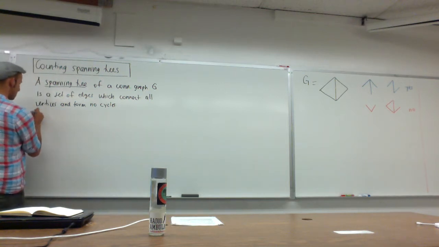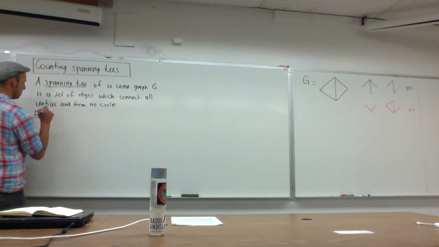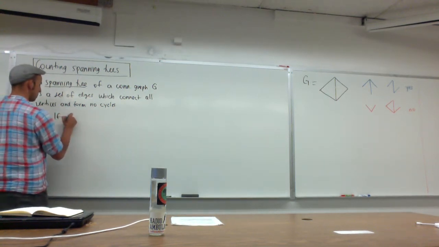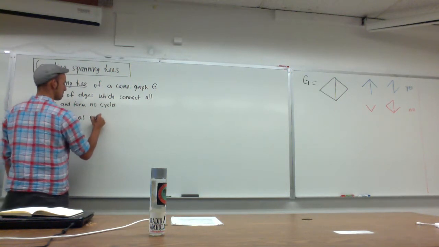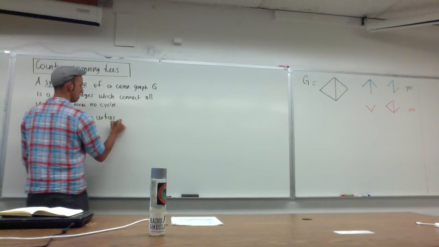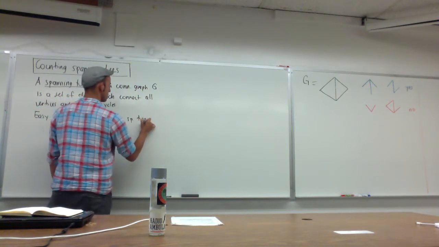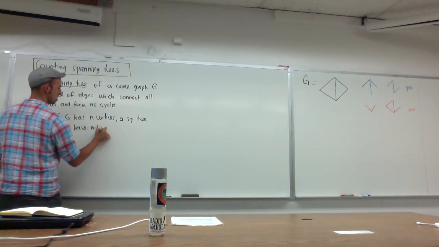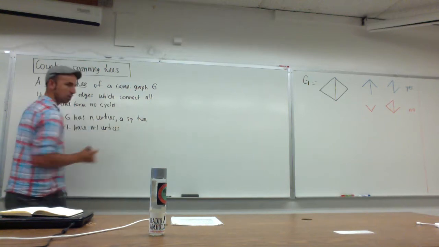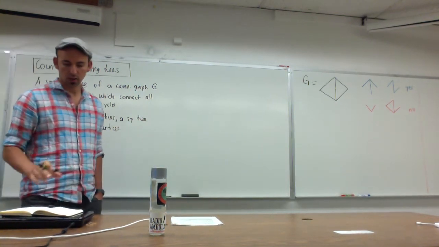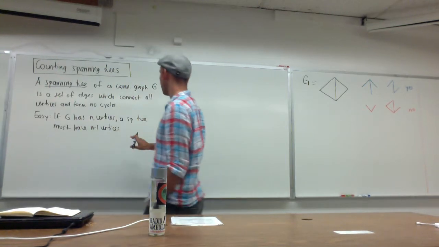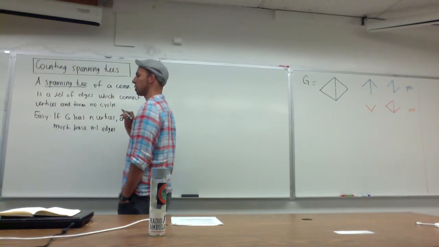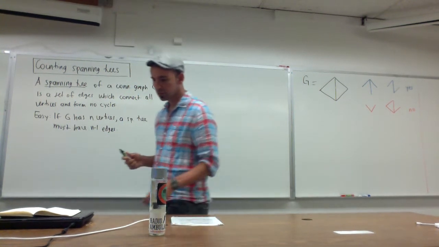Okay. So here's an easy fact. You should think about it and convince yourselves, but it's not too hard to see that if G has n vertices, then a spanning tree must have exactly n minus 1 edges.